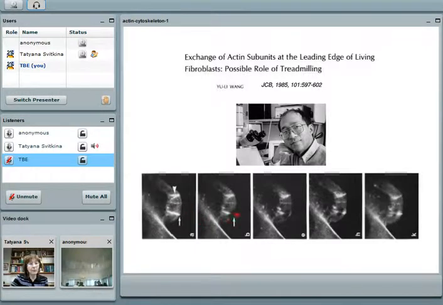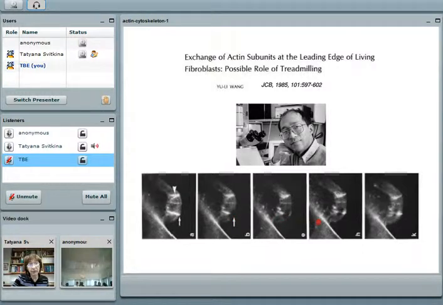Then he used bright light to bleach a little tip over here. So you see this is before bleaching, and this is the dark area that appears over here. The fluorophore molecules there are killed. This allows you to see how this actin, which was white and now became black, behaves.